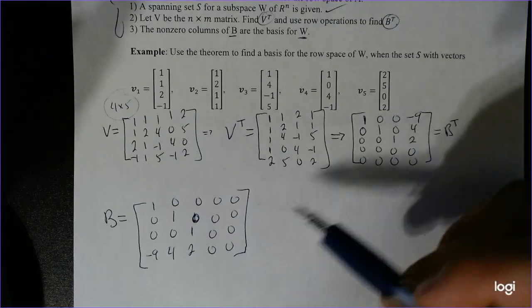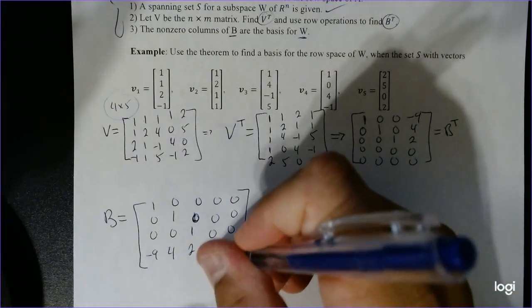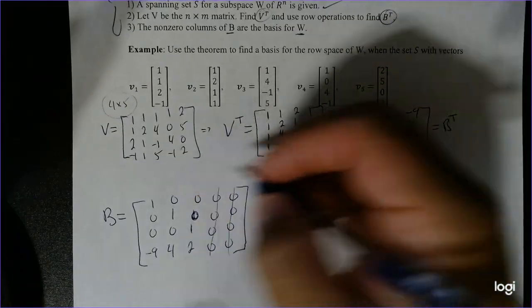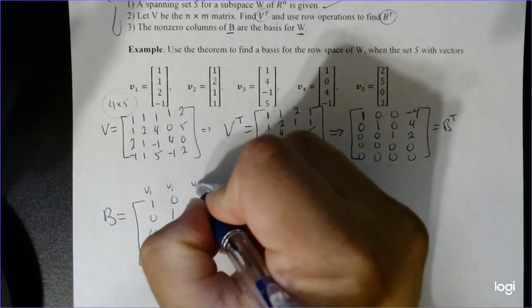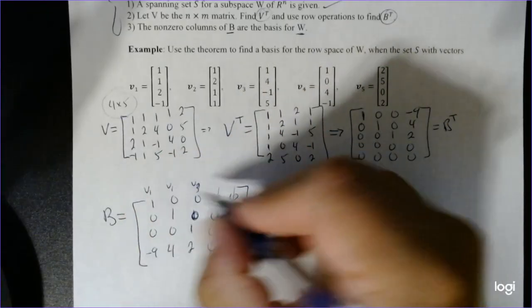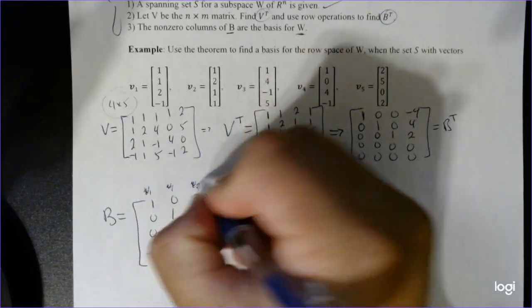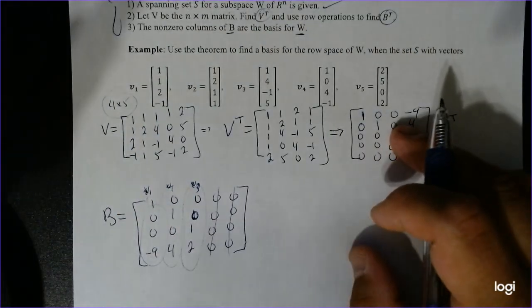So now this goes back to the last situation. We just get rid of the zero portions because that has nothing to do with it. Therefore, V1, V2, and V3, or I'll call them U's, different letters, are the three vectors that make the entire basis, spanning these 5 vectors.